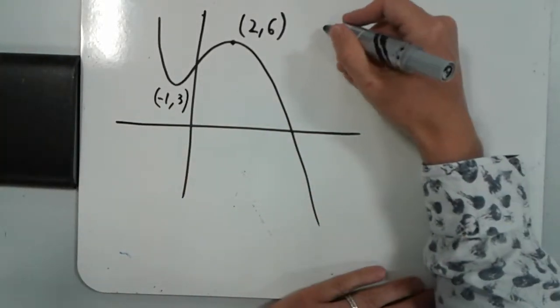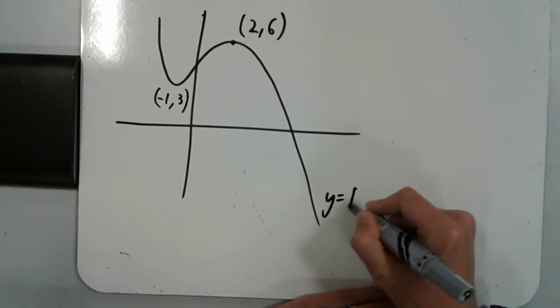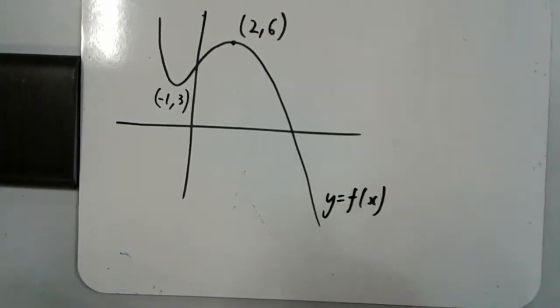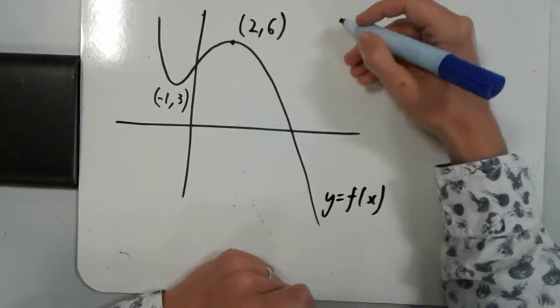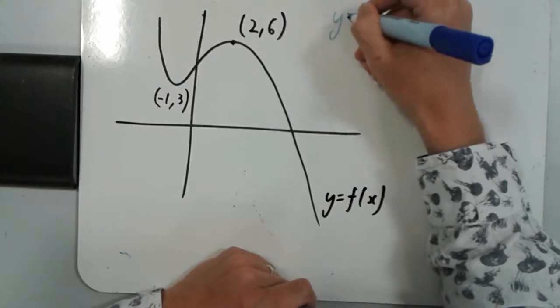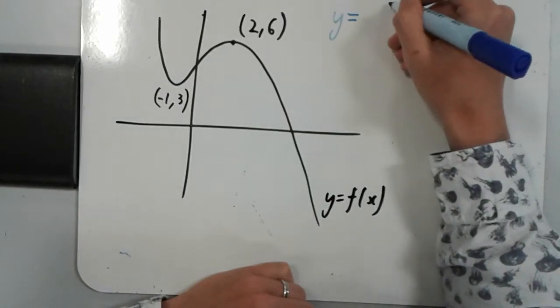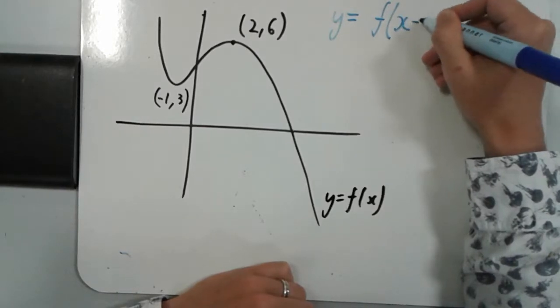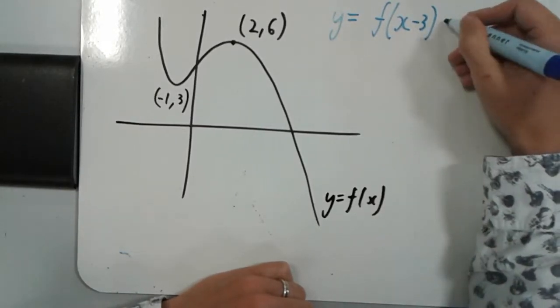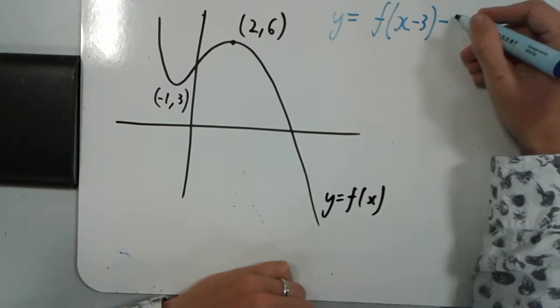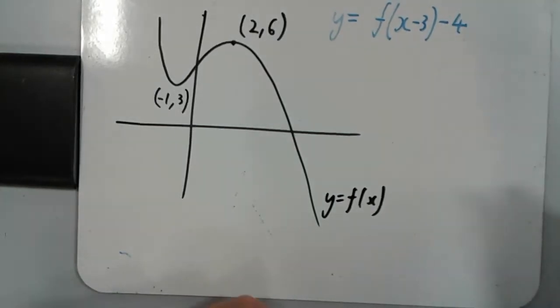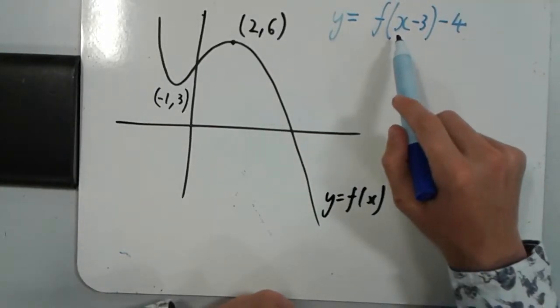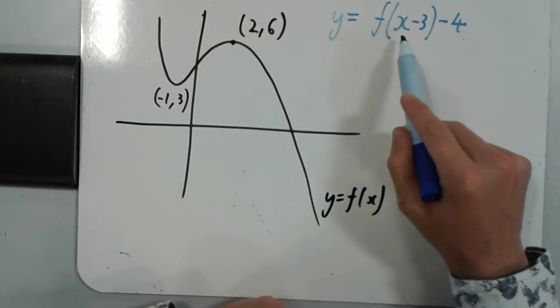Okay? This is our y equals f of x. And now I want to sketch y equals f of x minus 3 minus 4.